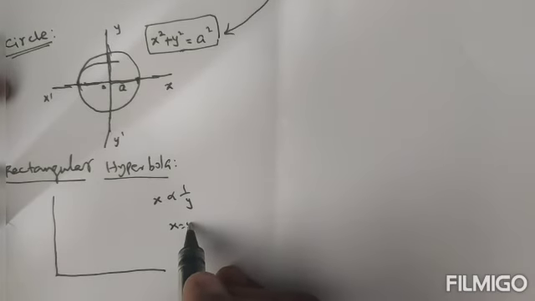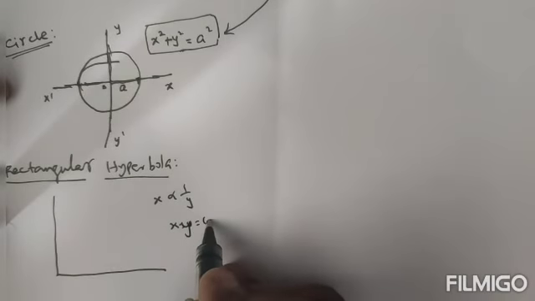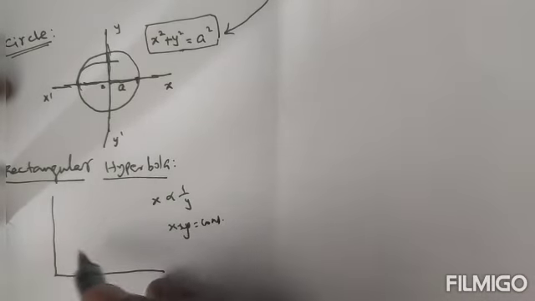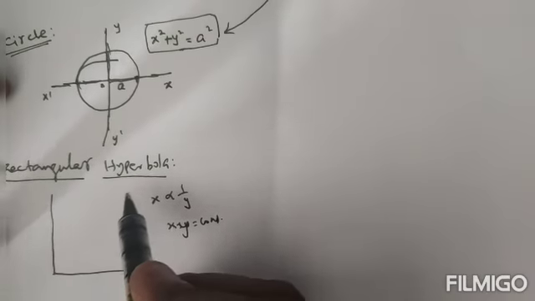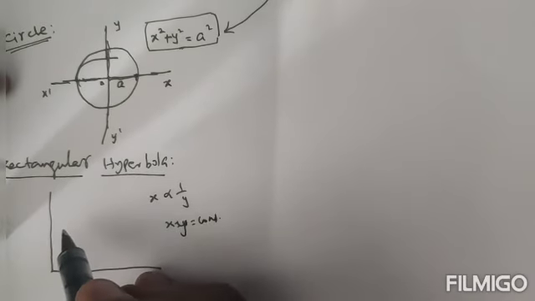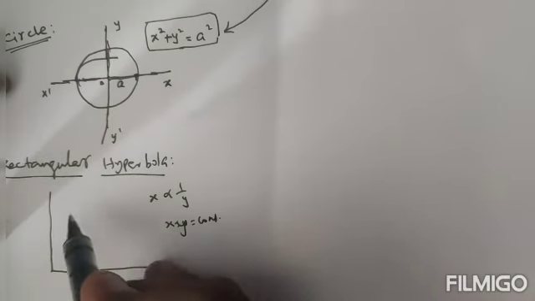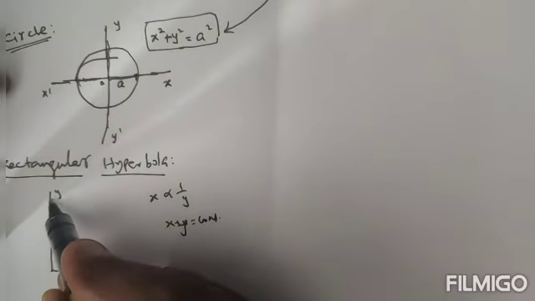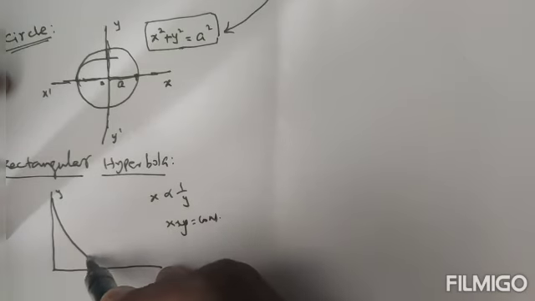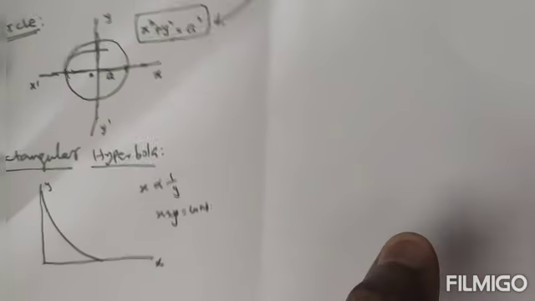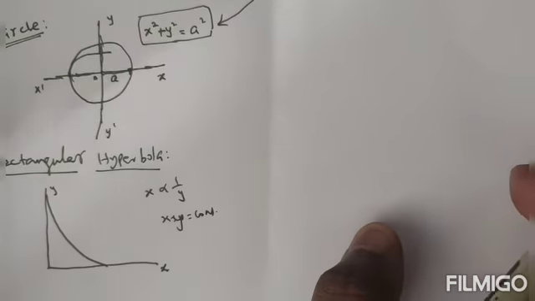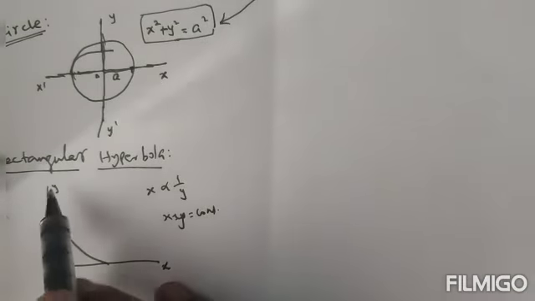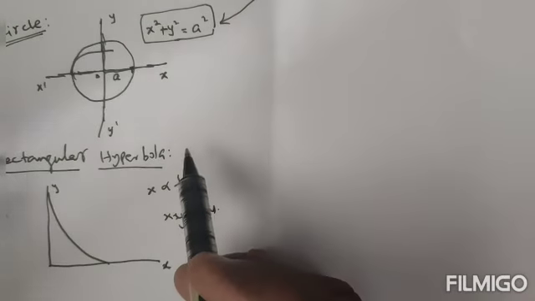So we can say that xy equal to constant. This equation is not a straight line because they mention it as a hyperbola. At the same time, x is inversely proportional to y. So the y value and x value are inversely proportional as well as hyperbola, and we can get a structure like this. So xy is equal to constant. That is a rectangular hyperbola.